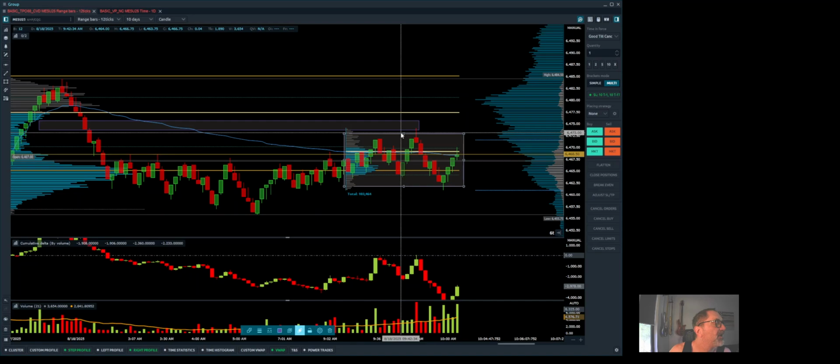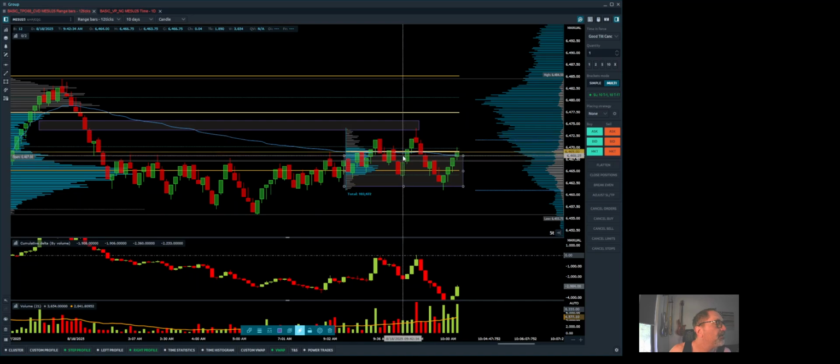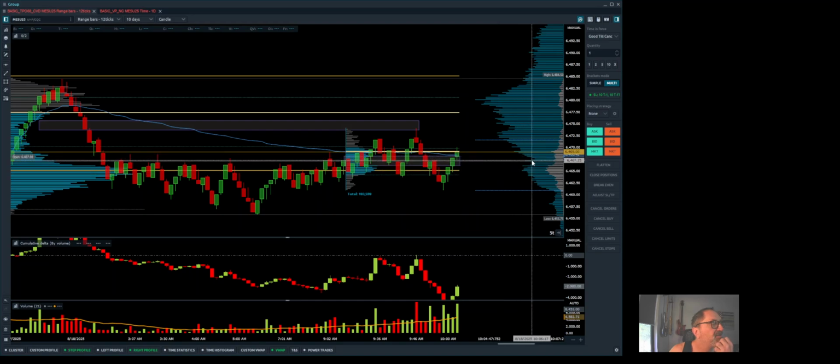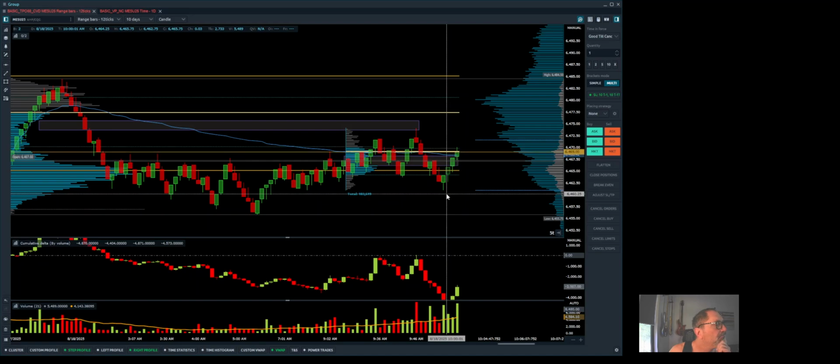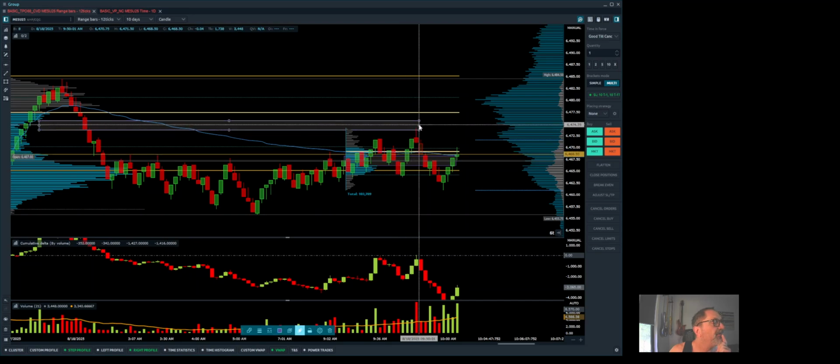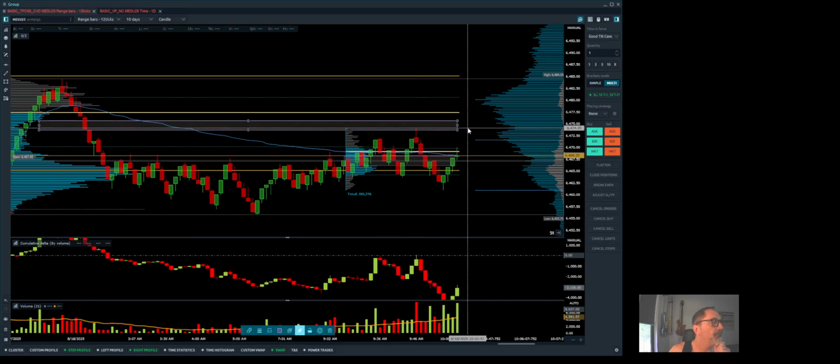Let's put this here and this here, which is pretty much outlining this area right in there. And then the next area will be right here.